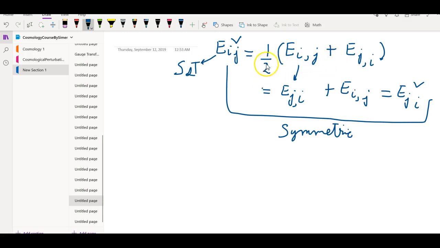Whether you put 1 by 2 here, or no constant, or any constant ABC, by adding these two tensors we have achieved the symmetric property of this tensor. Now the next property that we want to achieve from here is traceless.